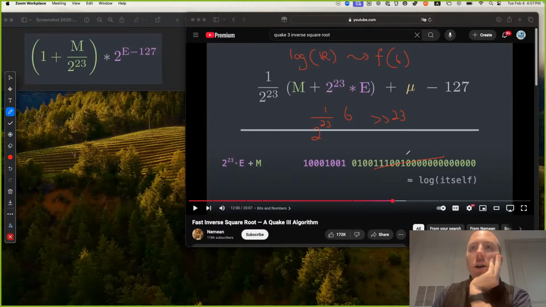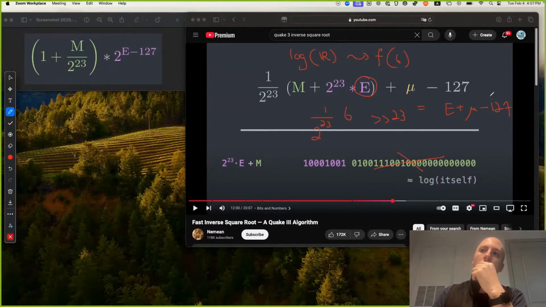Okay, so we chop off this. So it's basically just the exponent part that is left. So it's basically equal to the exponent plus mu minus 127. It's approximately equal to, the log is approximately equal to.